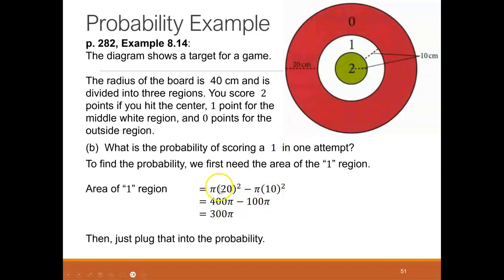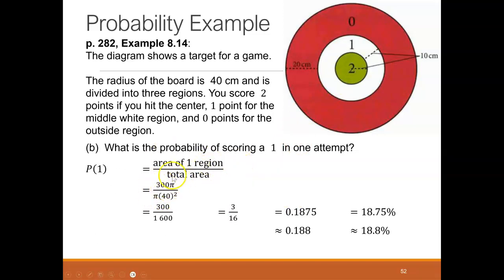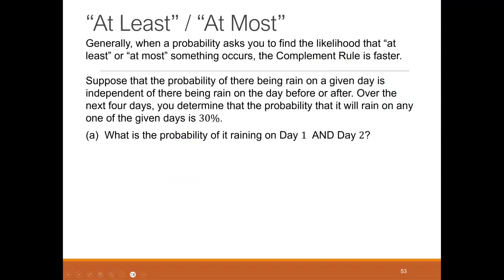So the area of the 1 was pi 20 squared minus pi 10 squared. Plug it into that area formula, and we get 3 out of 16. Everybody's okay? Okay. Sure.